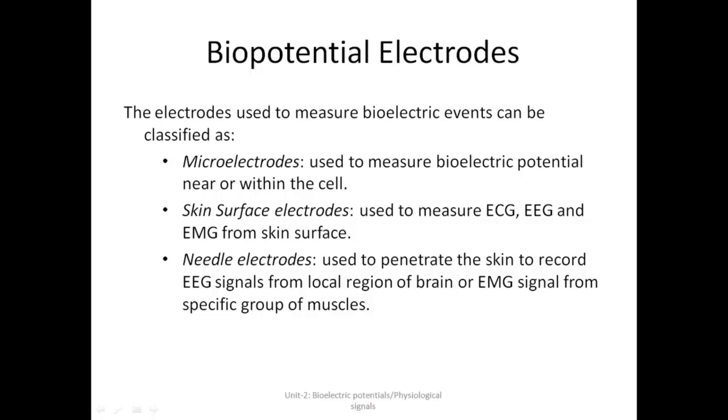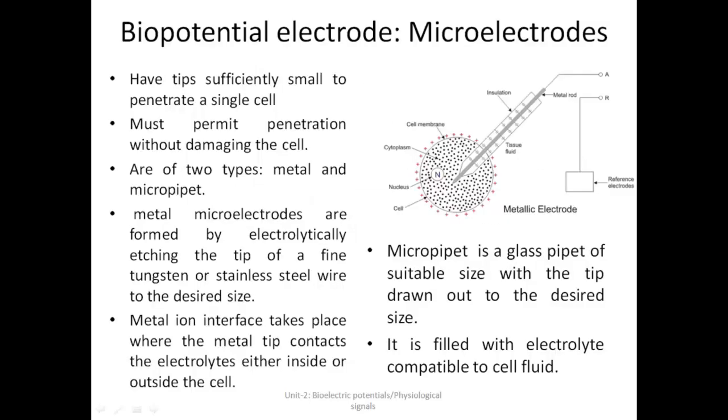These electrodes are penetrated just below the surface of the skin, and they are placed for recording EEG signals from local regions of the brain, or EMG signals, that is the signals coming from a specific group of muscles. So we'll discuss them one by one.